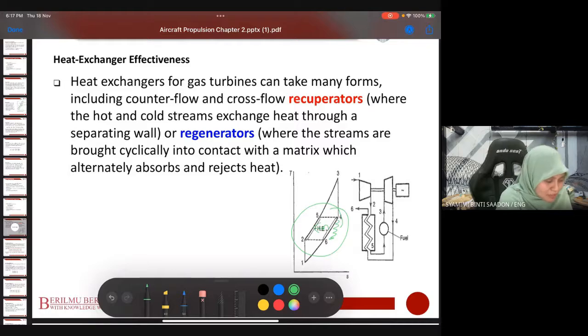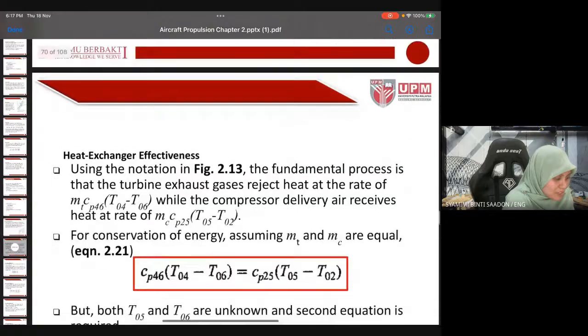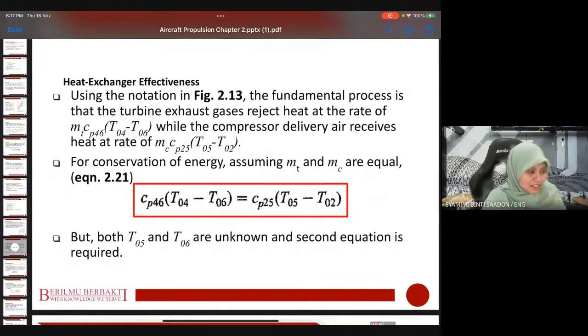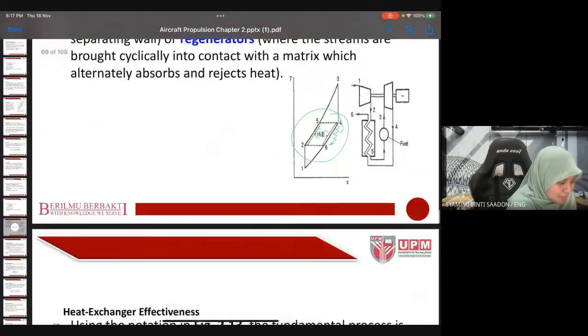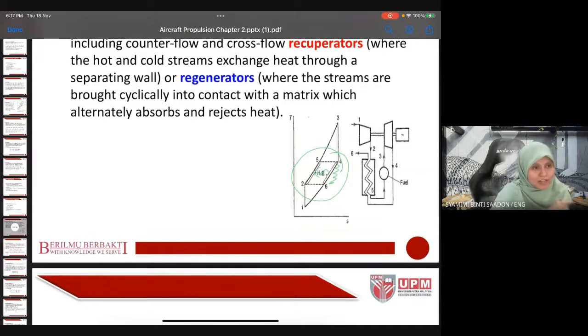So we add another heat exchanger. The fundamental process is that the turbine exhaust gas rejects heat at the rate of T4 to T6. This is the same diagram as during the simple gas turbine cycle with the regenerator.